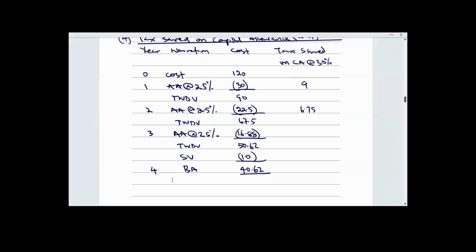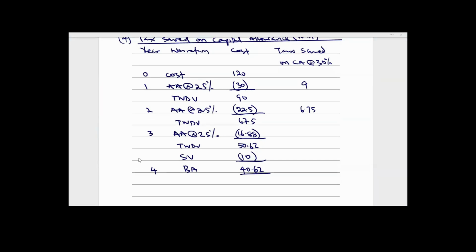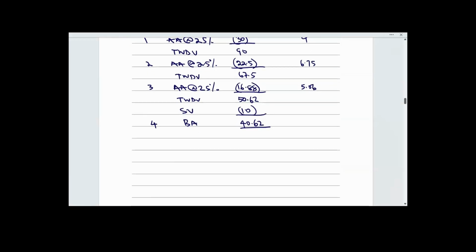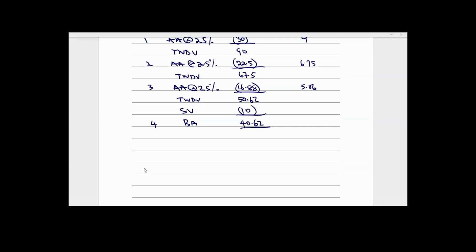In the third year, 16.88 multiplied by 0.3 equals 5.06. And the final year, which is year 4, 40.62 multiplied by 0.3 equals 12.19.